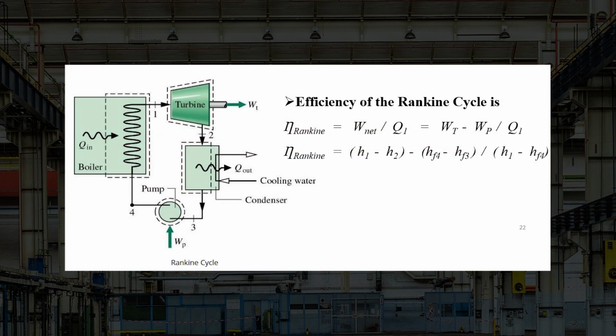Here in this slide we can see the efficiency of the Rankine cycle. So, how can the efficiency of the Rankine cycle be calculated? The equation shows the method of calculation.